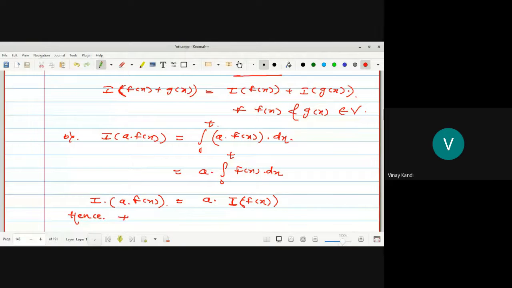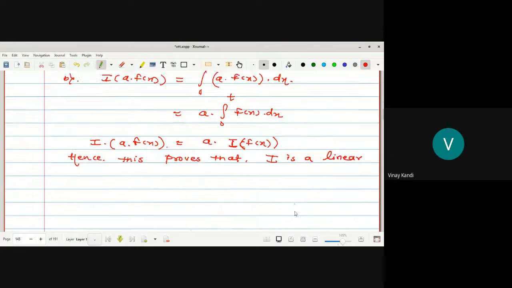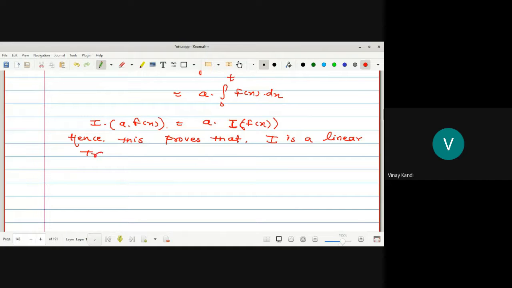this proves that I is a linear transformation, and it is called the integral transformation, just as the derivative is the differential operator.